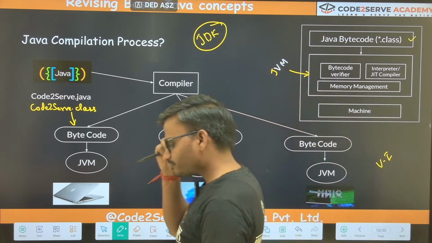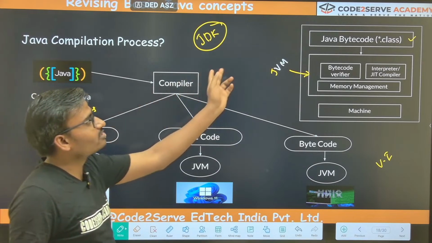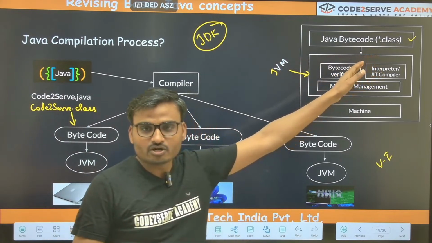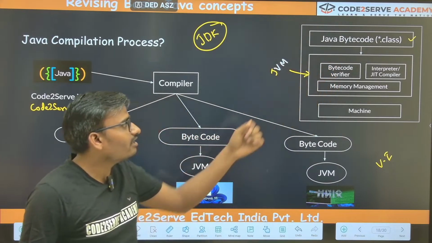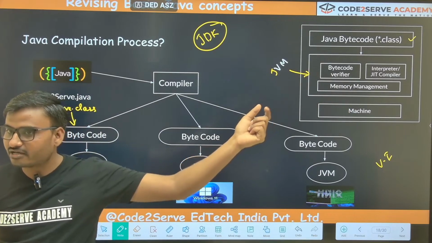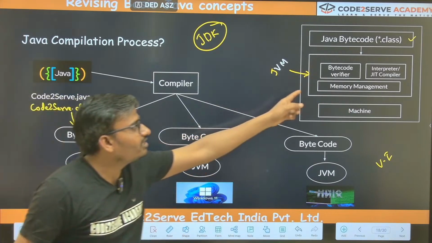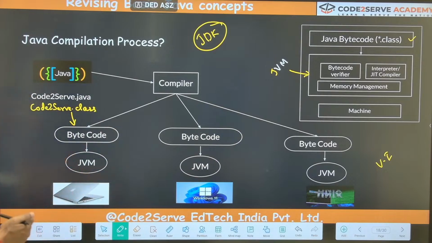So what happens? I told you, whenever we converted this code into bytecode, I mean, we did not convert it, the JVM or JDK converted it, depending on the platform we had. So first it verifies with the bytecode verifier, and after verifying it, the JIT compiler, that is the just in time compiler, will convert it.